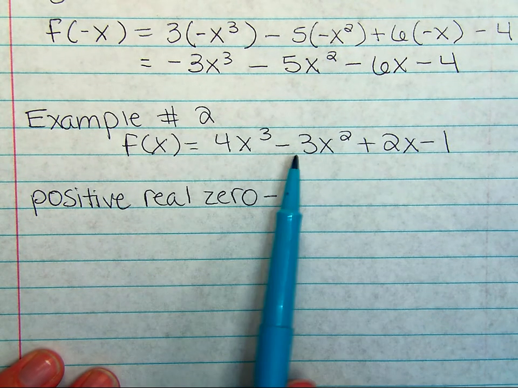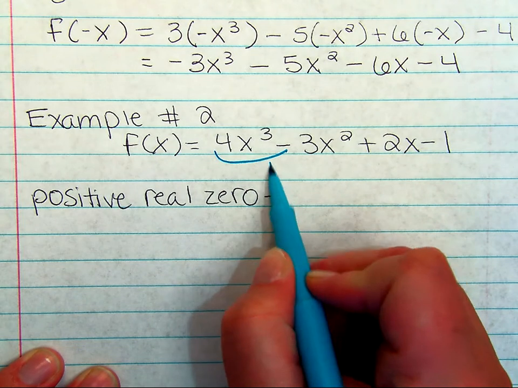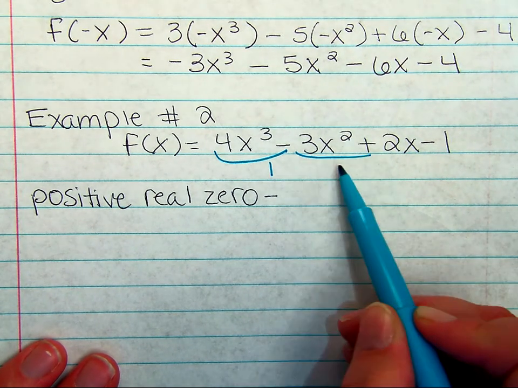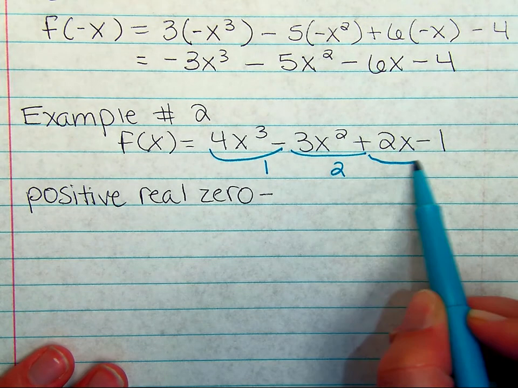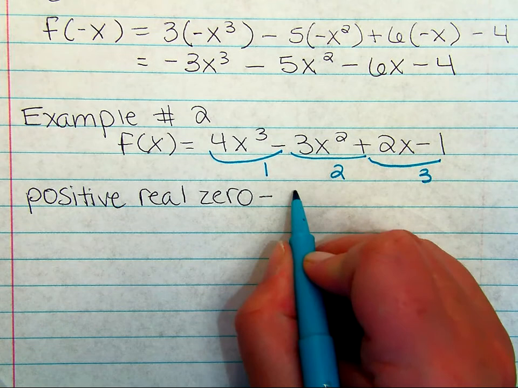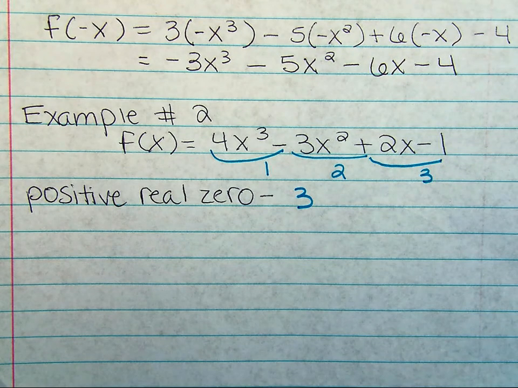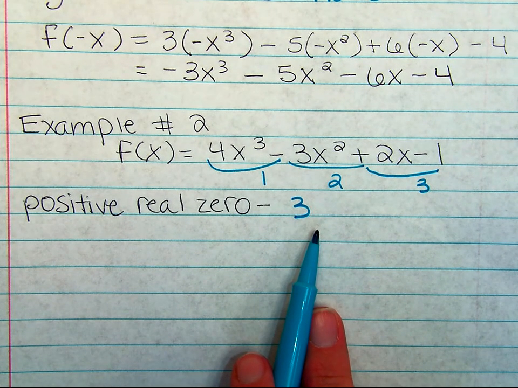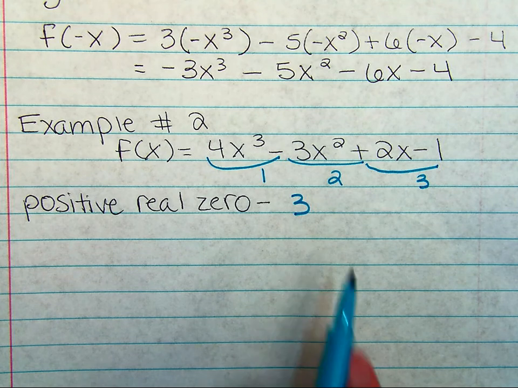So that is one sign change. Then we went from negative to positive. That's 2. Then we went from positive to negative again. That's 3. So for positive real zeros, again, we can have 3, or remember, it's less than this number by an even integer. The even integer we're going to use is the smallest one. That's 2. So minus 2, we would say 1.